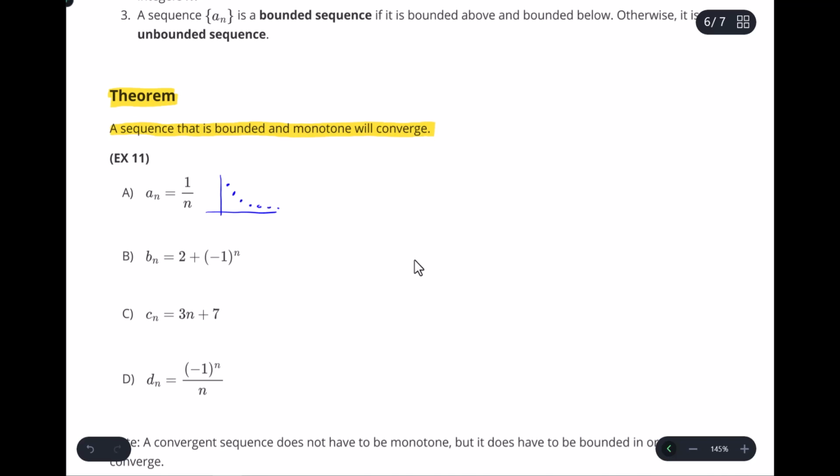We determined it was monotone, and there is a maximum value above all the points and a minimum value below all the points, so it is bounded. And because it's both monotone and bounded, this sequence converges.